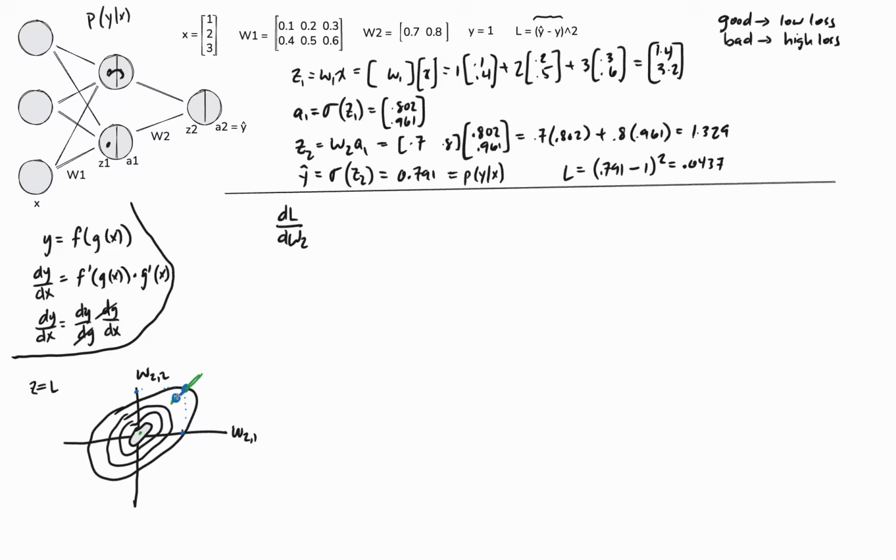Maybe move here, okay? And then maybe next time we move here. And then eventually we're getting closer and closer, we're decreasing the loss, right? By updating our model weights, basically.